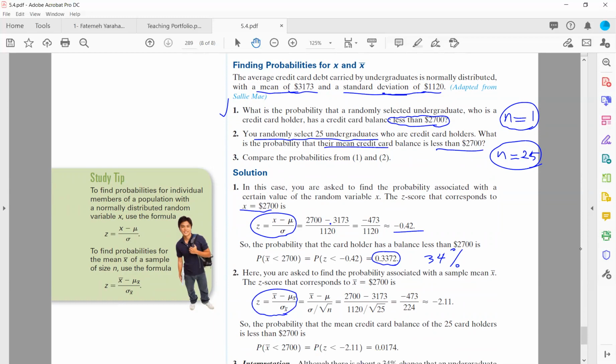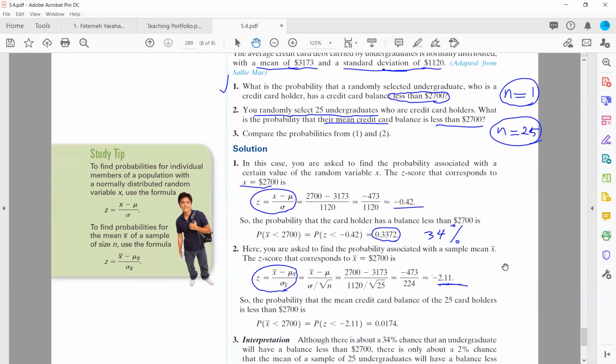You have to do a little bit of algebra: 1,120 divided by the square root of n, which is 25. After doing the algebra, your Z is equal to negative 2.11. Now we use our table or calculator to find the probability, which is equal to 0.0174, roughly 2%.